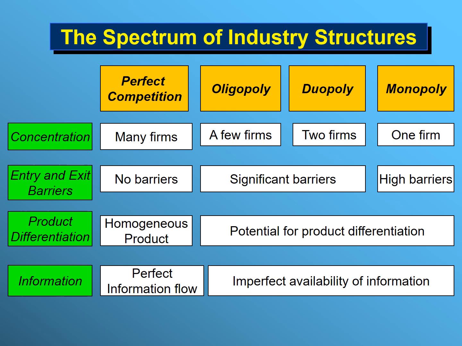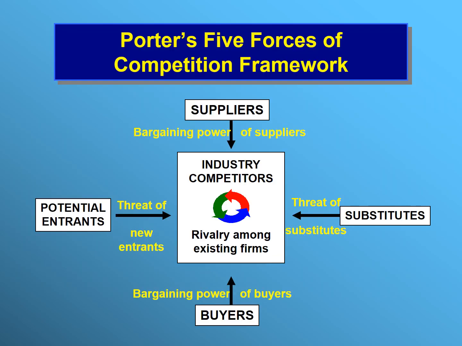In monopoly, there is only one firm, so there is an extreme level of entry and exit barriers, so that no other firm can even try to enter into the industry. There is potential for product differentiation and imperfect availability of information is there. Now we will talk about the Porter's 5 forces of competition framework. You can see in the diagram.